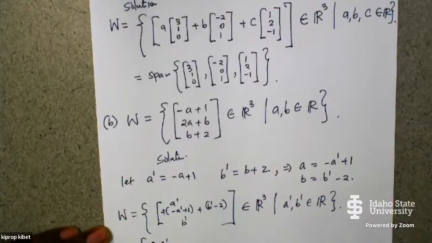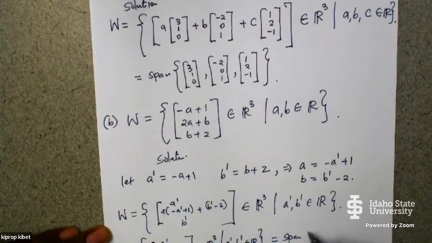And then we have a what? Plus B prime there. And then this is our B prime over there. So we want to see whether this is an element of R3 such that A prime, B prime is an element of real number.